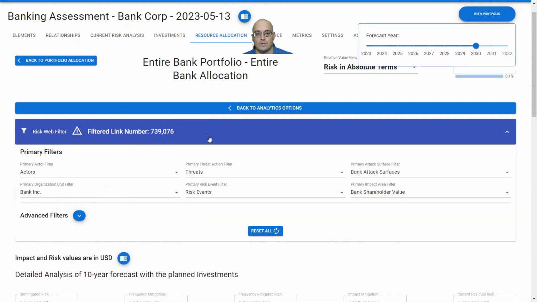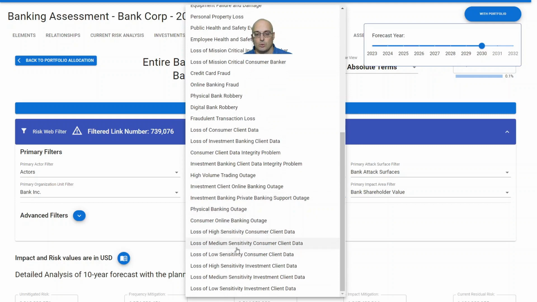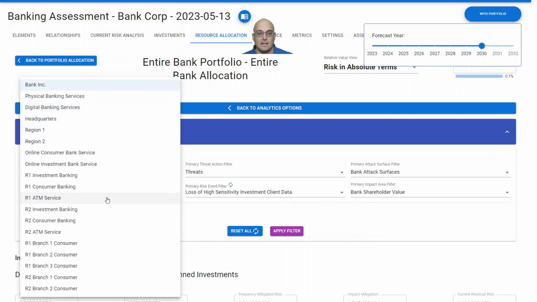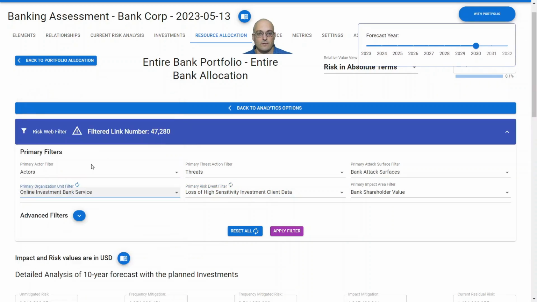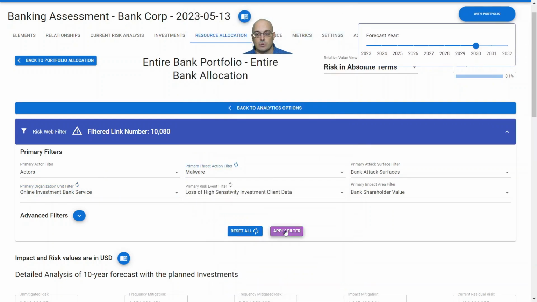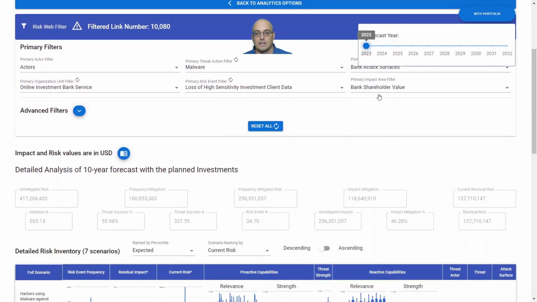But for demonstration purposes, let's just focus on a very specific topic. Multiple of the investments focus on the loss of high sensitivity investment client data risk events. I will also narrow the focus to the online investment bank service and malware. Essentially, multiple of the investments we have defined in this demo address those.